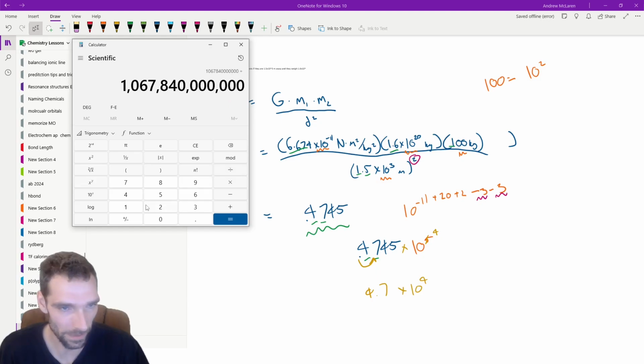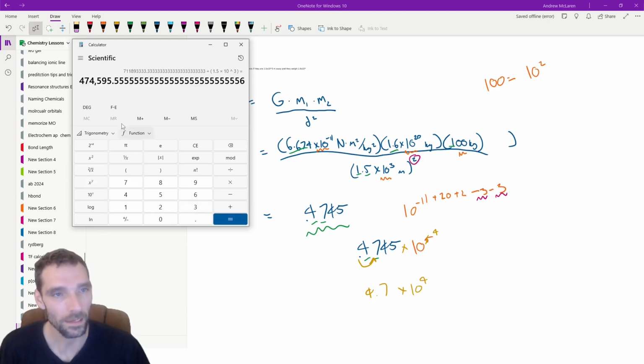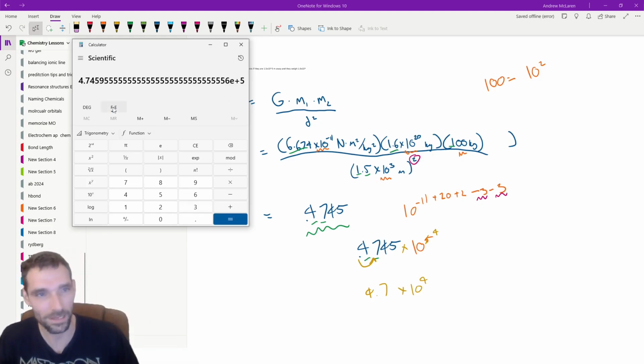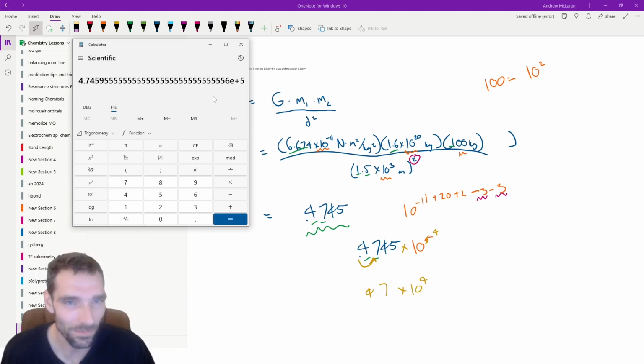And then we're going to divide that by 1.5 times 10 up to the third power. And then we're going to divide that by 1.5 times 10 up to that third power. And we get 4.7 times 10 up to the fifth power.